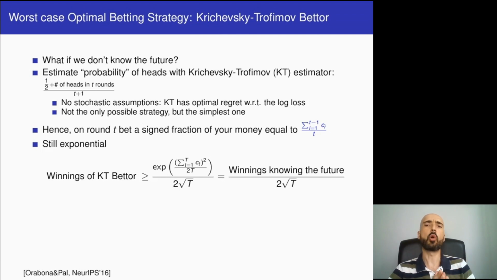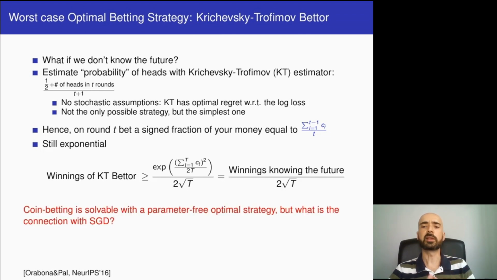So this means that you can always win tons of money every time the coin is biased towards one side without assuming anything. Again, there is no stochasticity. The outcomes of the coin can be decided in any way. And the entire procedure does not have any parameter, learning rate, regularizer, prior, or whatever that you have to tune.